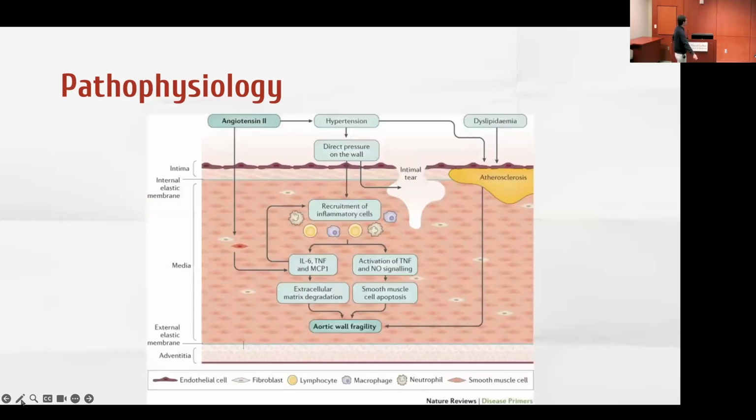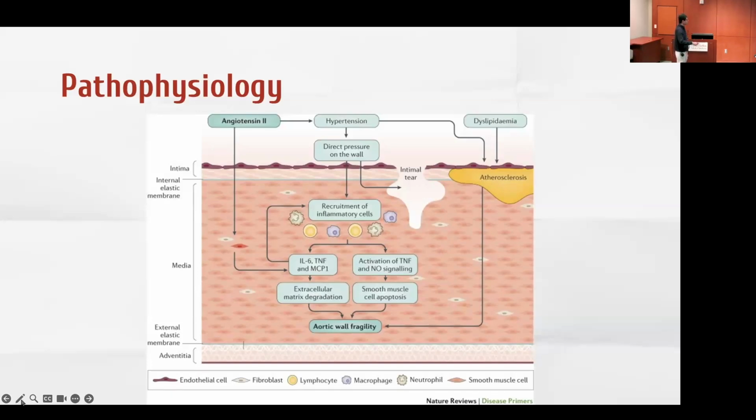And then just a little bit of the molecular pathophysiology. The role of inflammation and cytokines. So there are various cytokines, GM-CSF, IL-6, and CXCL1. And as you can see in this figure here, there's a bunch of macrophages, lymphocytes, neutrophils in the area.